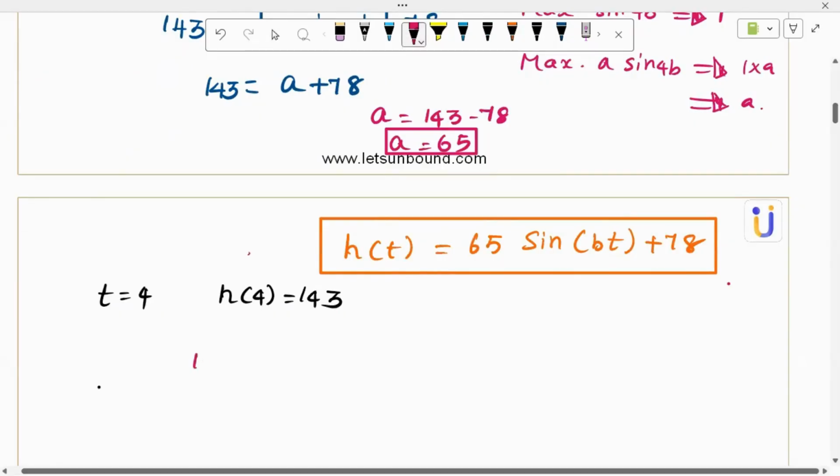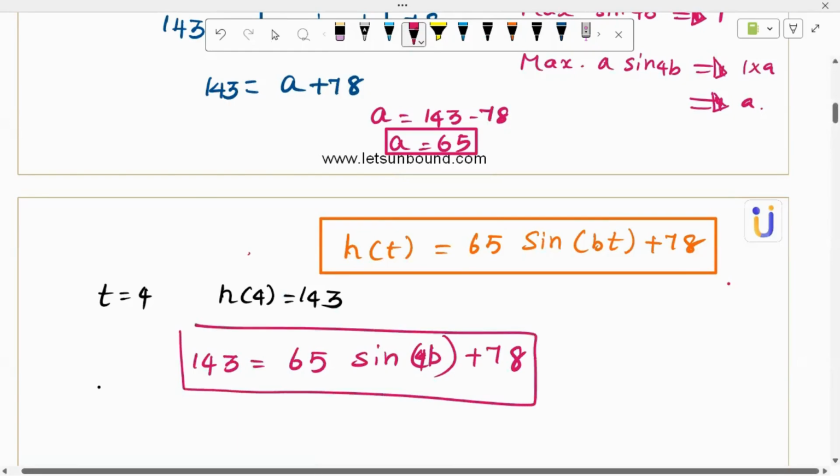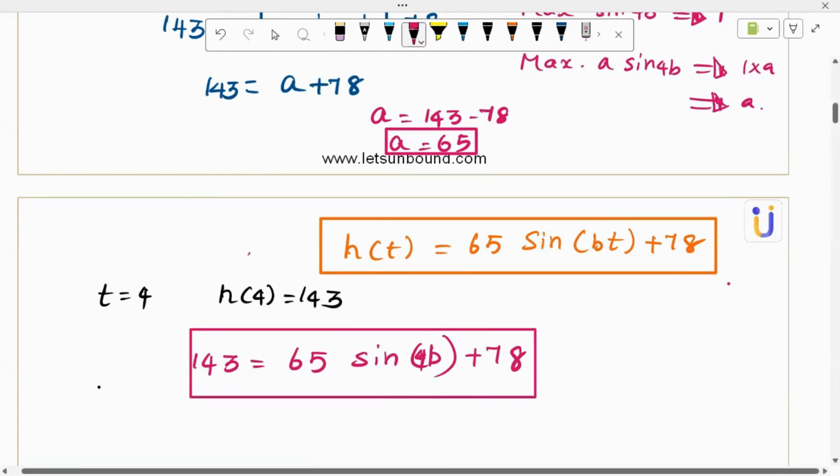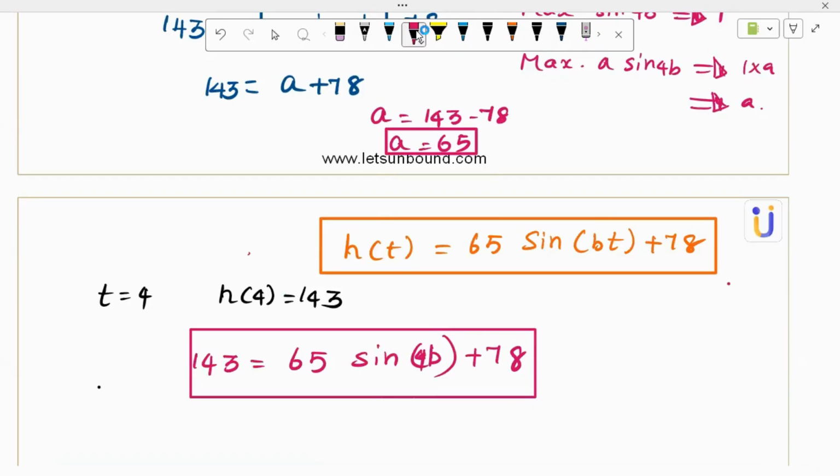So 143 equals 65 times sine, I don't know b, but I know t, it is 4. Sine 4b plus 78. This is an equation in just one variable. So we can go with the numerical solve and solve this using the scientific calculator.